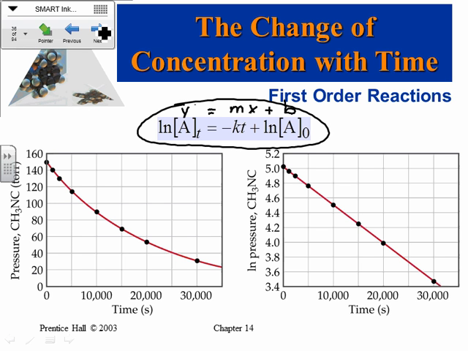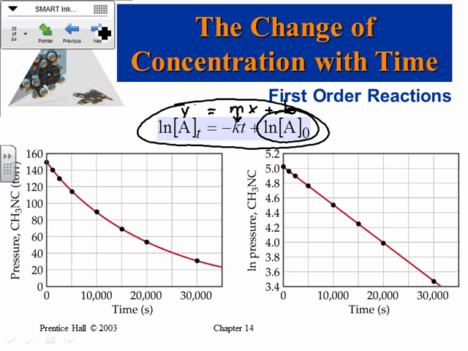Right? Y equals mx plus b. Okay. So what that tells you is your m, your slope, is the negative k. Okay. And you're graphing natural log of a at time t versus your t, versus your time. Okay. And then this is your y-intercept, which is essentially what it just said on the other page.